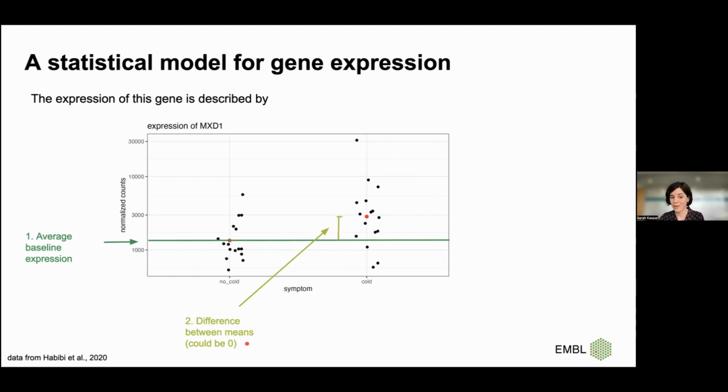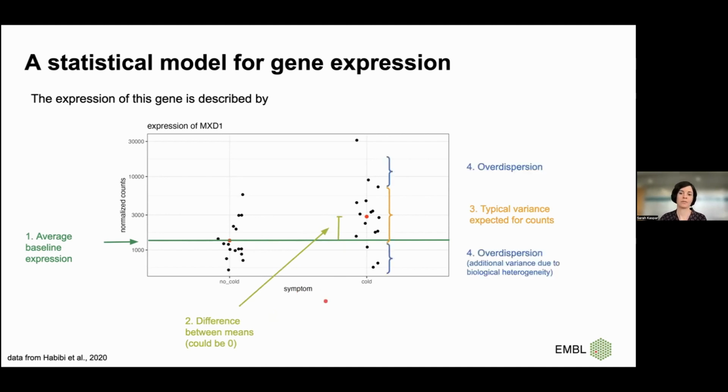This could be 0. This is what we're about to test. We have some typical variance that we expect for count procedures. And we have overdispersion, which is additional variance that is due to biological or also technical heterogeneity, because after all, we are dealing with biological samples where we usually see lots of heterogeneity.